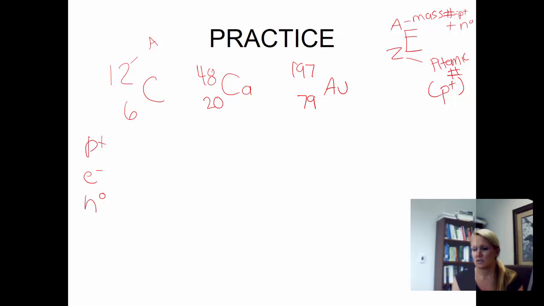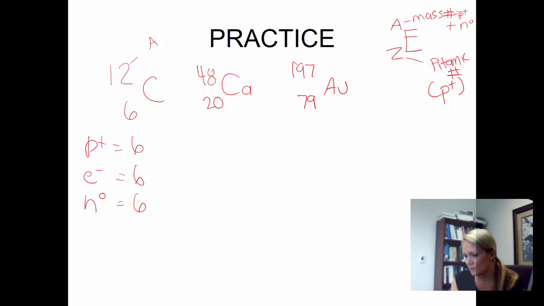We look at our number here and we see that we have an atomic number of 6. The atomic number is the number of protons, and it is also the number of electrons in a neutral atom, and this is neutral. To get neutrons, since mass number is protons and neutrons, we just subtract 12 minus 6 equals 6.